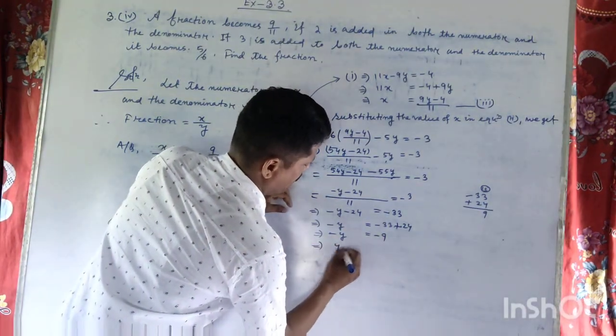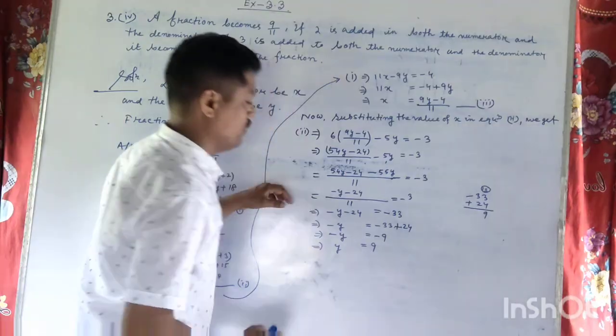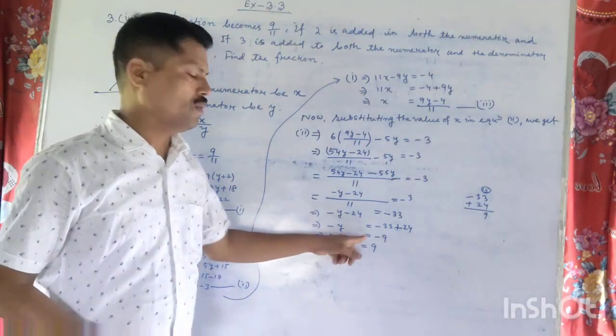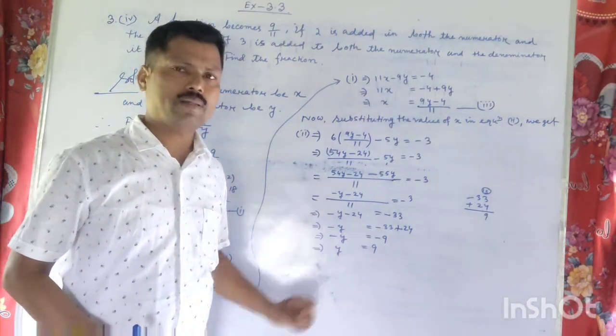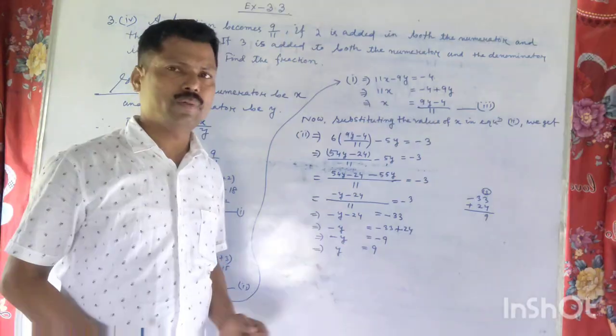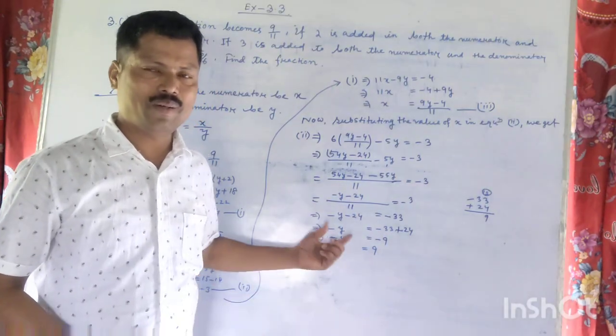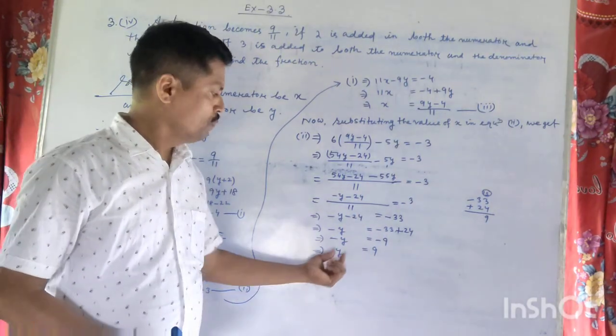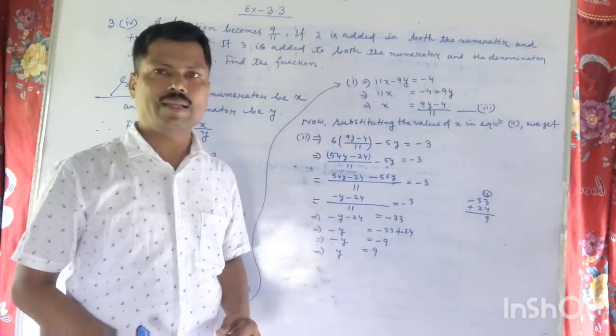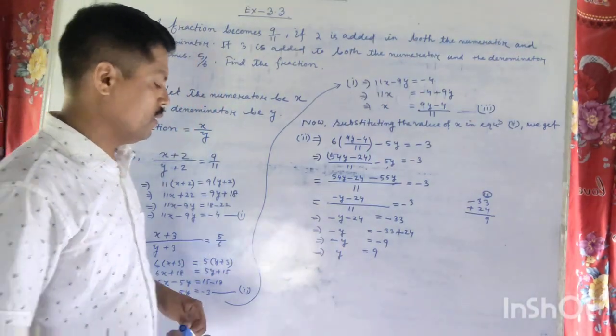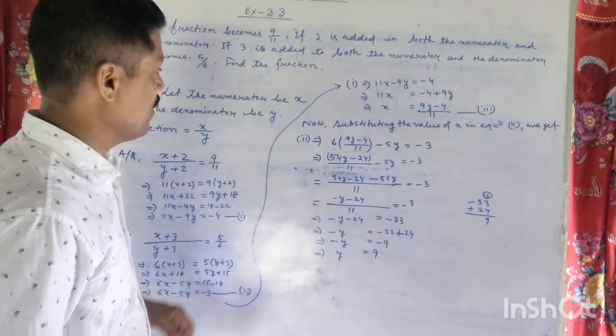So minus y is equal to minus 9. If we multiply both sides by minus 1, it becomes positive. So y is equal to 9. We are getting the y value as 9.